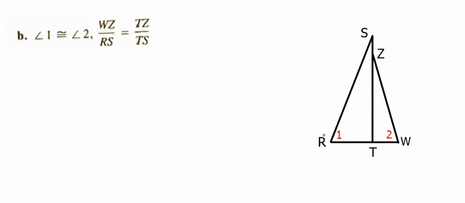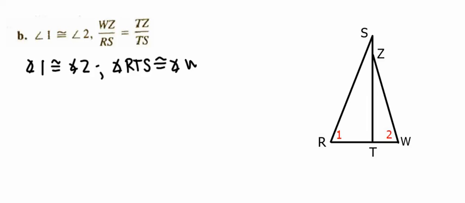Angle 1 is congruent to angle 2. WZ over RS is equal to TZ over TS. So we have angle 1 is congruent to angle 2, but we would also need angle RTS being congruent to angle WTZ, and we would need angle RST being congruent to angle WZT.